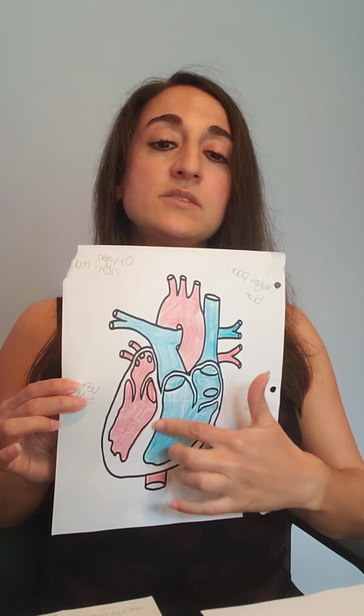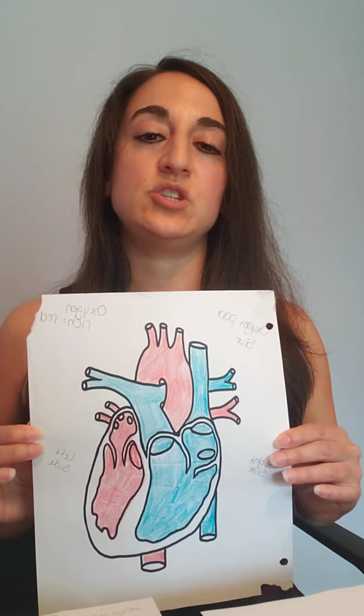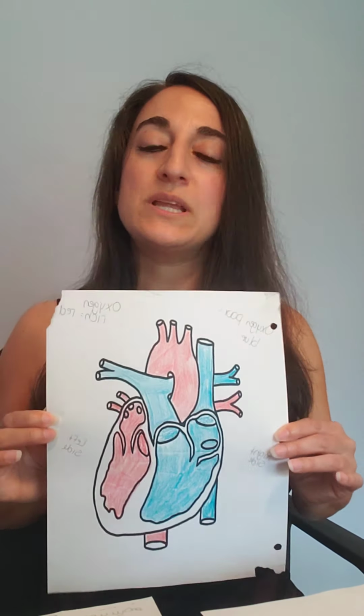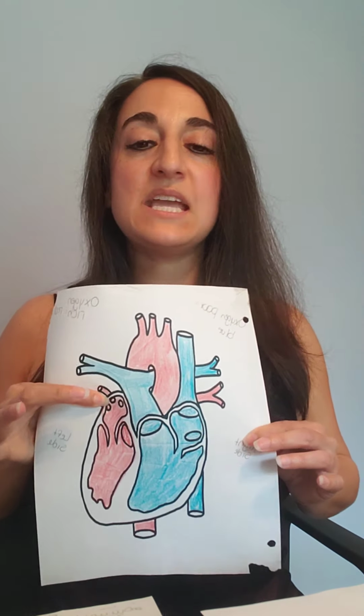That oxygen poor blood is going to be sent to the lungs through the pulmonary artery to pick up oxygen. And where's it going to pick it up in the lungs? From the alveoli that's going to put it into the blood. It doesn't stop there. So now that the blood is rich in oxygen, where's it going to go? Guess what? It comes back into the left atrium where it's collected.